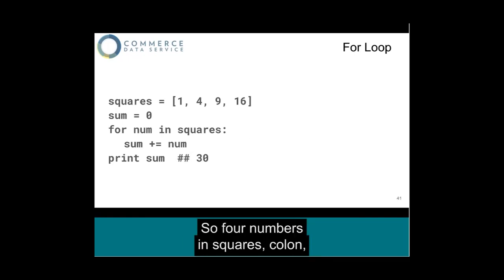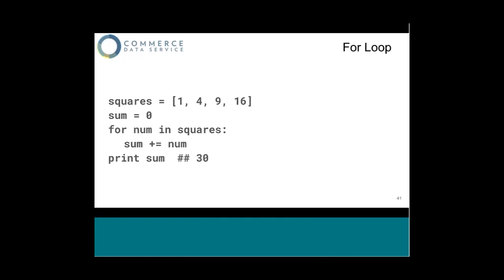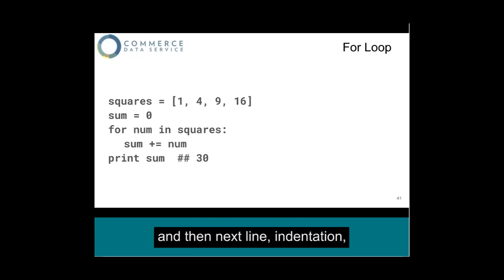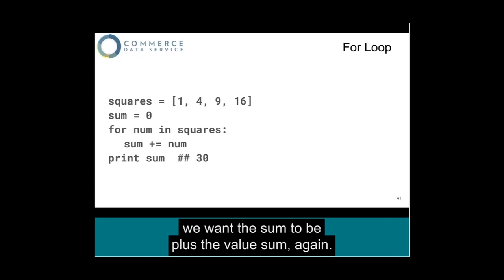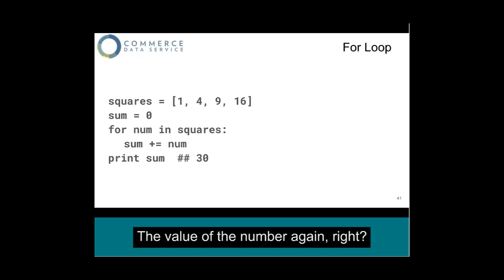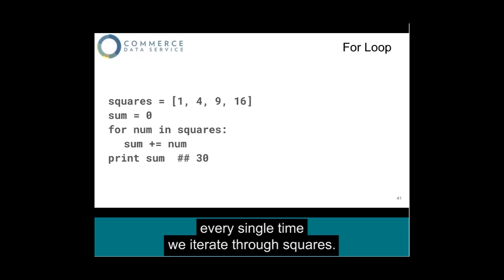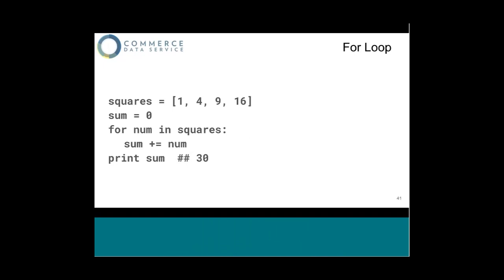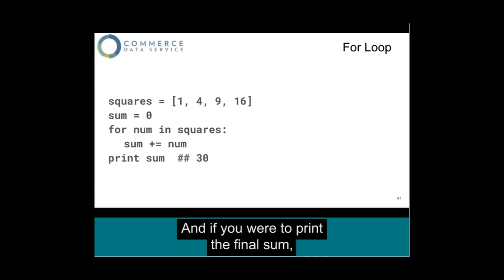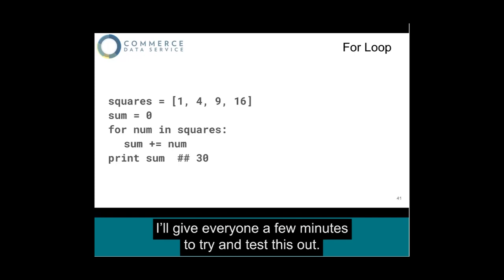So for num in squares, colon, and on the next line, indented, we want sum to be the value of sum plus the value of the number. So we keep adding the number onto sum every single time we iterate through squares. And if you were to print the final sum, you would get 30. It's a good way to practice. I'll give everybody a few minutes to try to test this out.